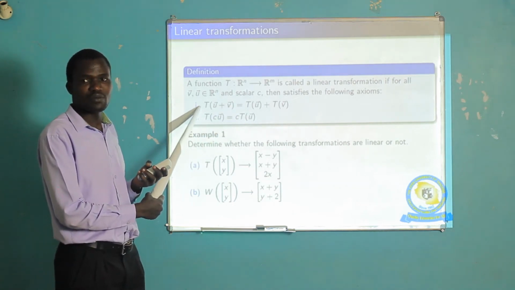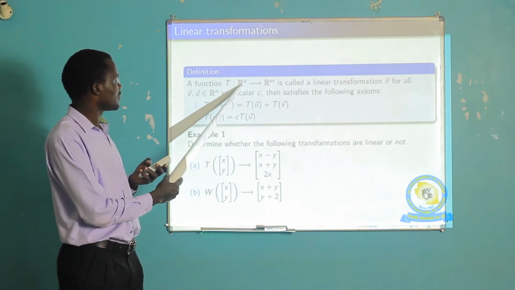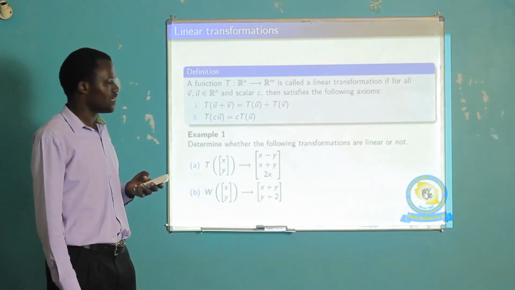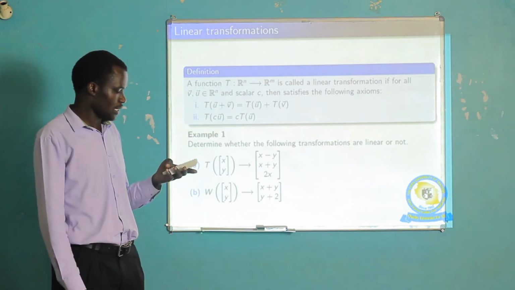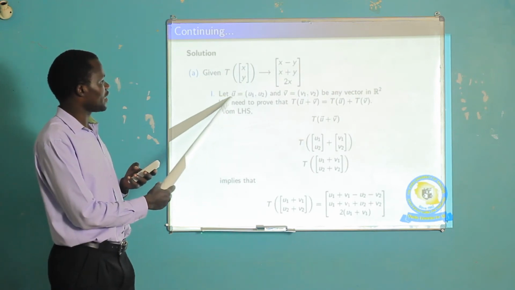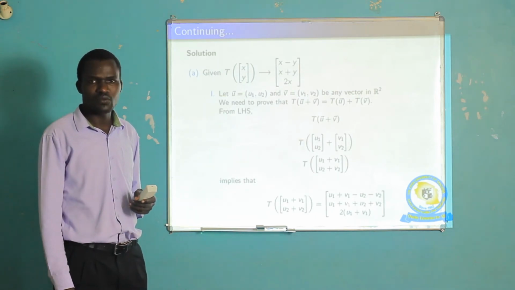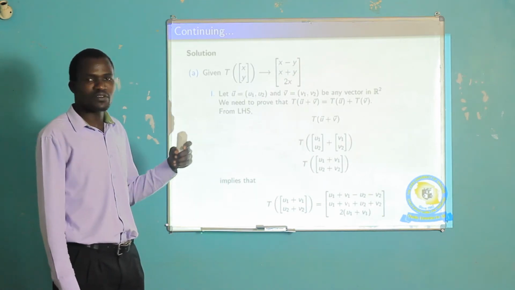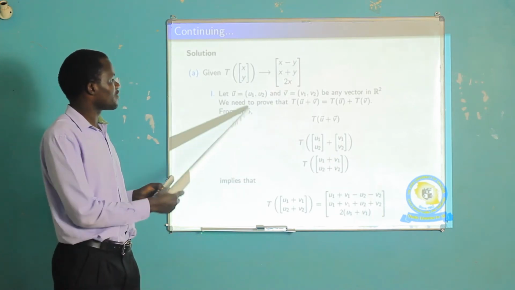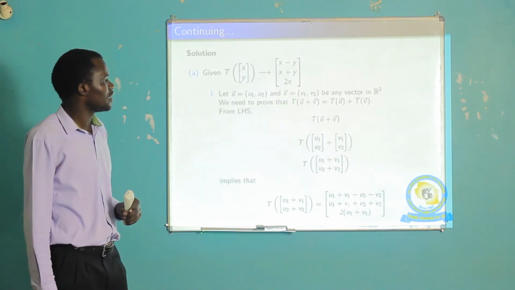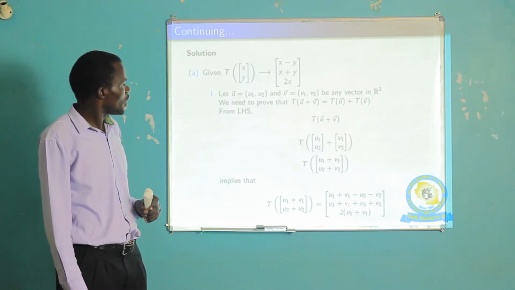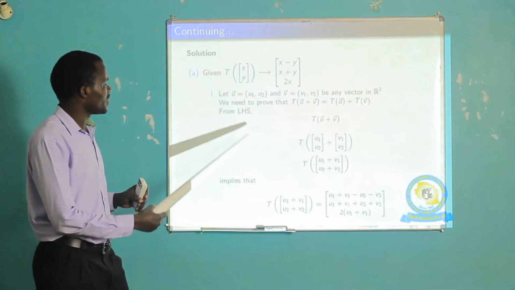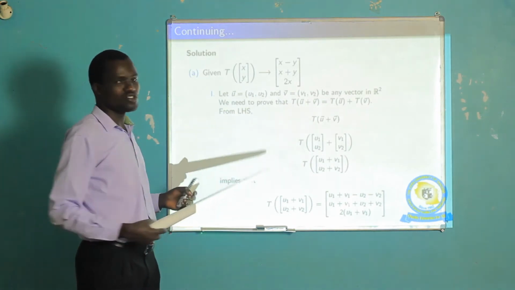The first axiom needs two vectors from this vector space, and the second axiom needs just one vector and a scalar. So here we are writing two general vectors u and v. The first has entries u1 and u2, and the second has entries v1 and v2. So we need to prove that it satisfies this axiom.